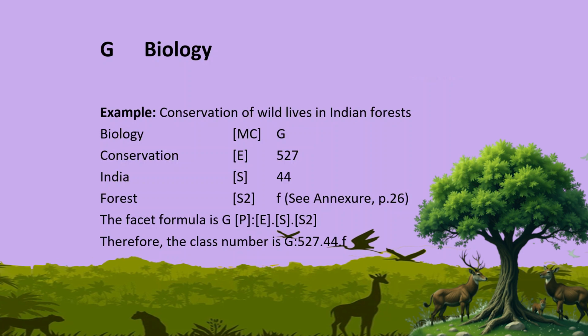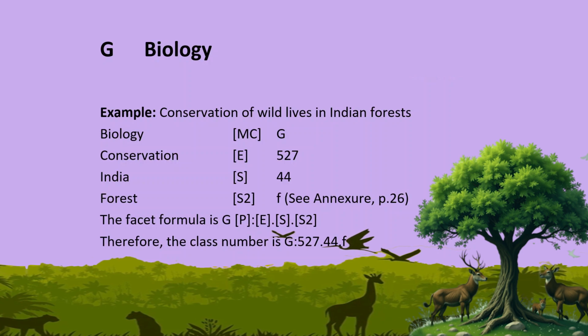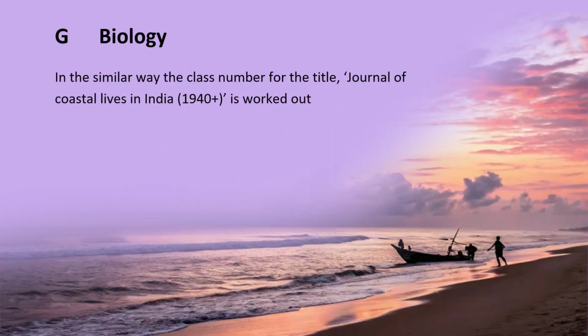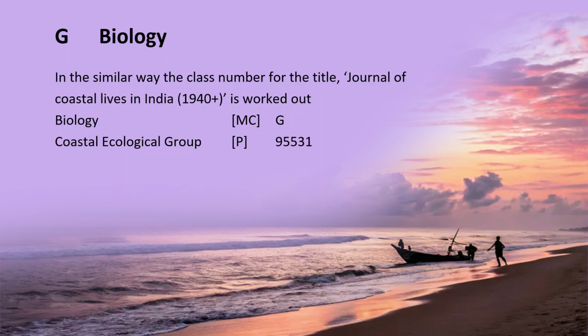In a similar way, the class number for the title Journal of Coastal Lives in India is worked out as biology, then coastal ecological group, and then natural history from the energy facet, 1 2, and 1 2 again is to be sharpened by the space isolate.